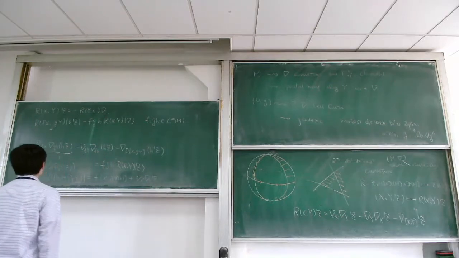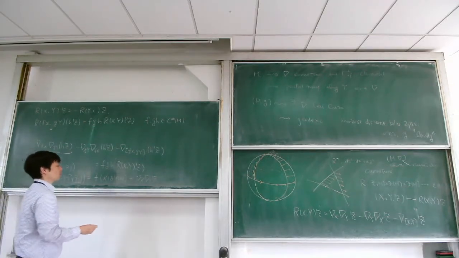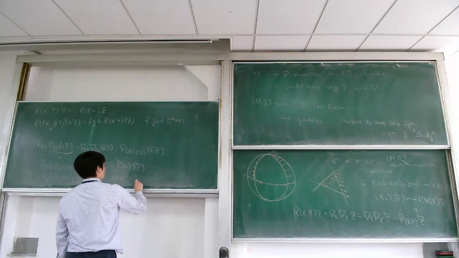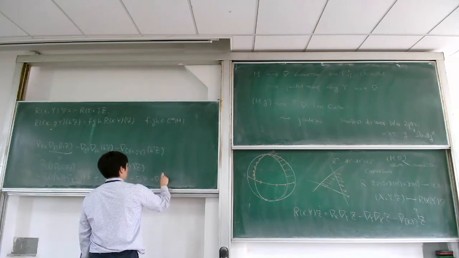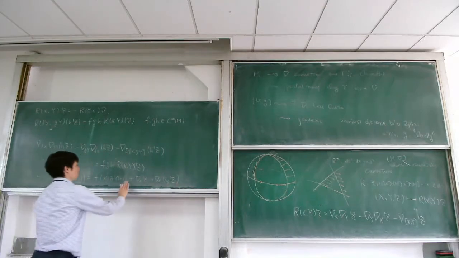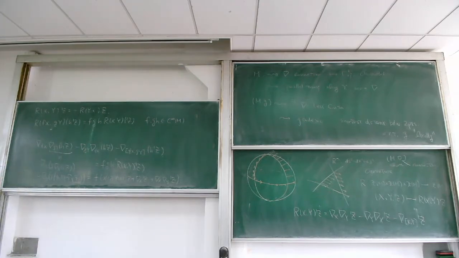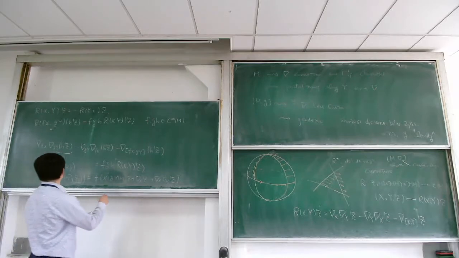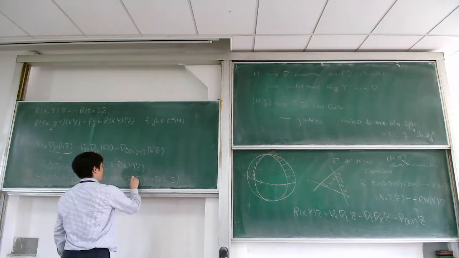Oh, am I doing something stupid? I think I should put Z here, and also here I should put Z. Do you agree? Inside here, oh my goodness, I think I missed G somehow. Yeah, I think G is everywhere.